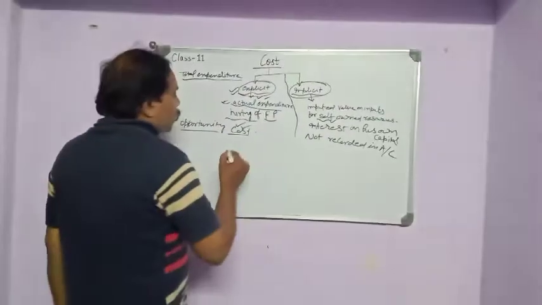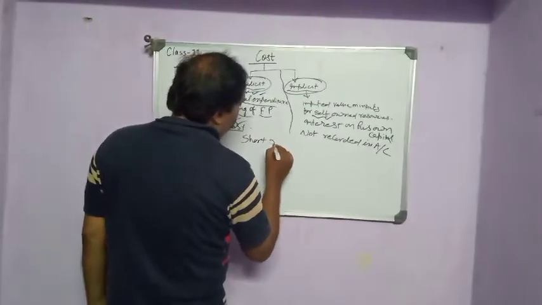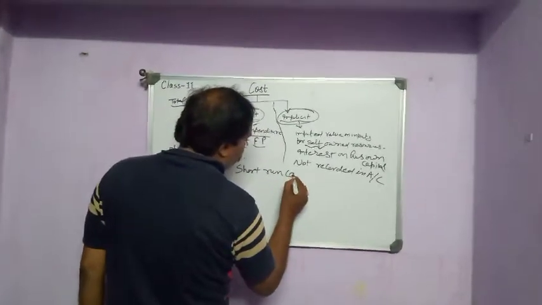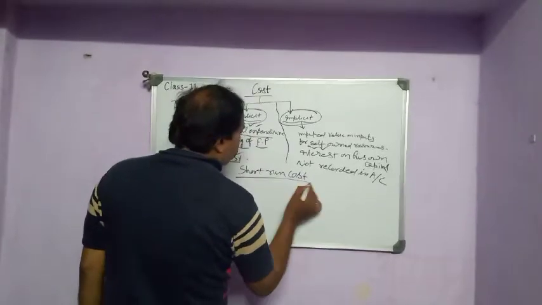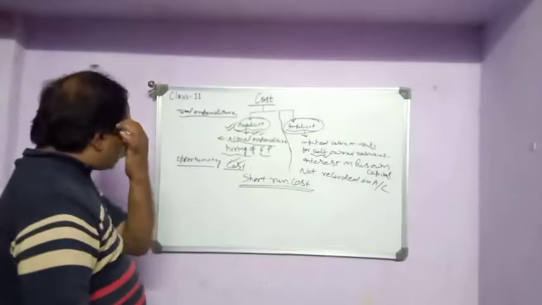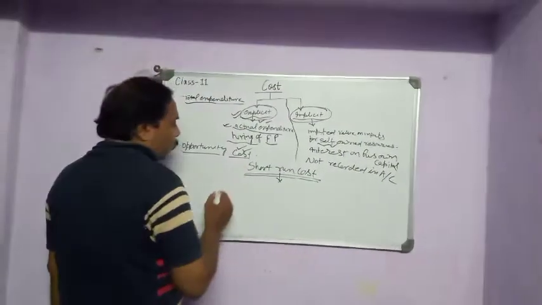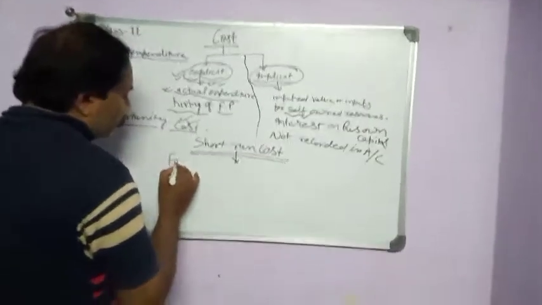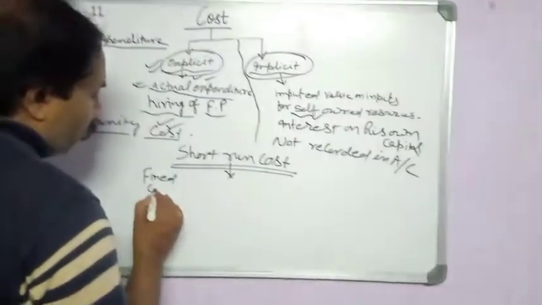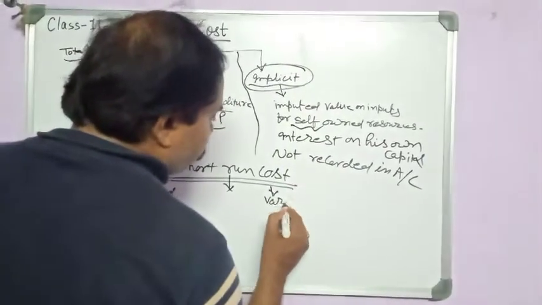Now come to the short run cost. This is another topic. Clear? So short run cost has two components. One is known as fixed cost, and the other is known as variable cost.